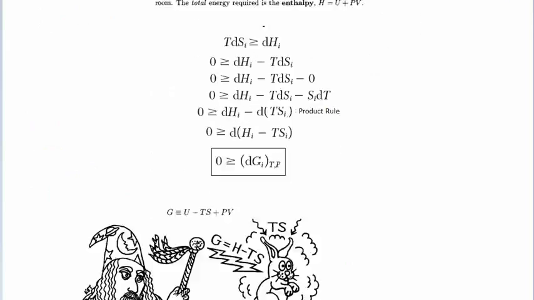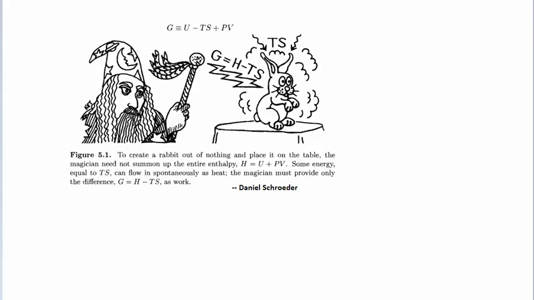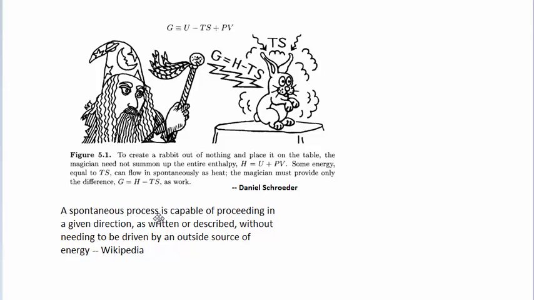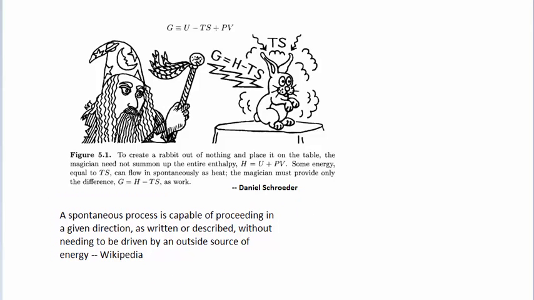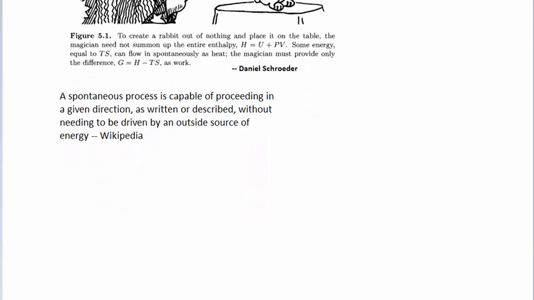so what else do we need to understand about Gibbs energy to understand where we're going? Hopefully you remember something about chemical equilibrium, maybe from general chemistry. The one thing we usually care about when we're talking about Gibbs energy is what is a spontaneous process.